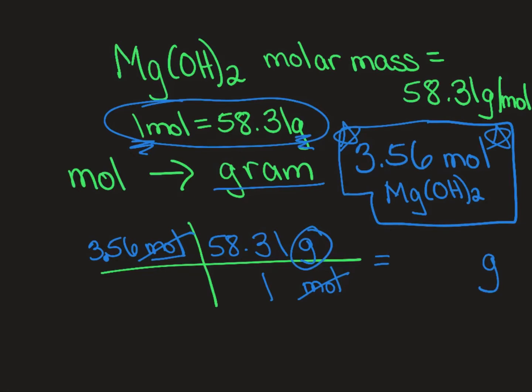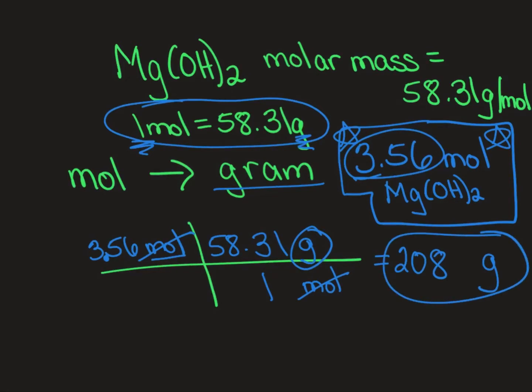And you will get 207.5836. So we need to watch our significant figures. We can keep 3 significant figures. So I'm going to say 208 grams. Circle our answer, and that's it. It's just a one-step conversion.